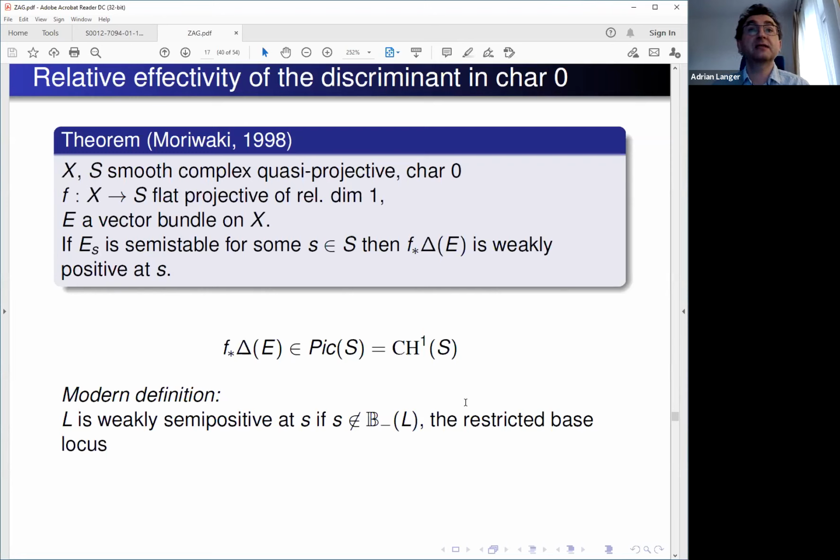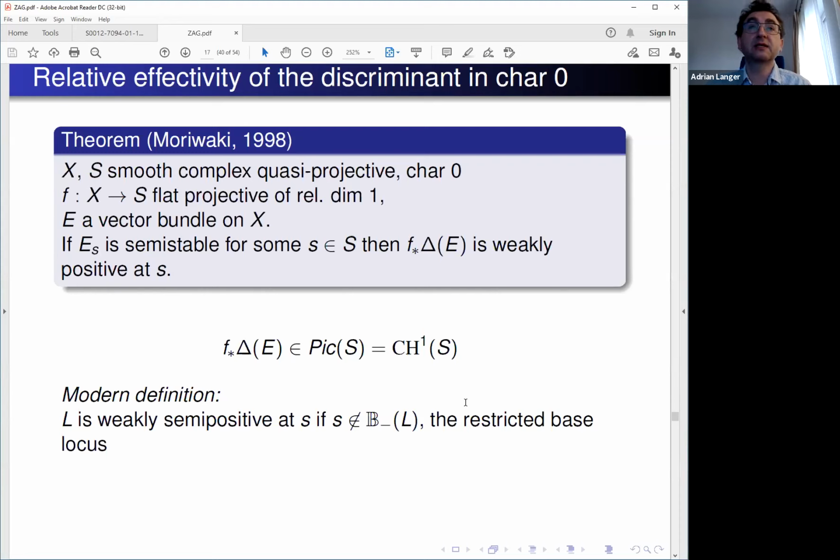And this relative version says that if we have a flat projective morphism of relative dimension 1 between smooth complex quasi-projective varieties, and if we have a vector bundle on X, and if we assume that this vector bundle is semi-stable for some fiber, well, if a fiber is smooth, then this means that this is simply semi-stable.